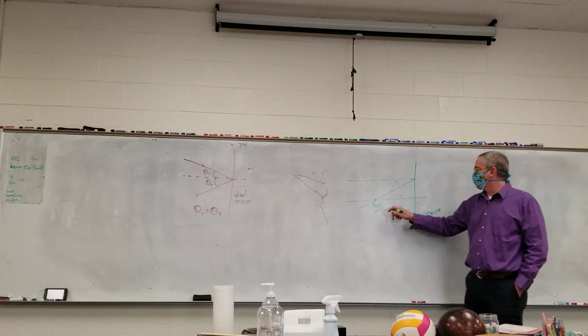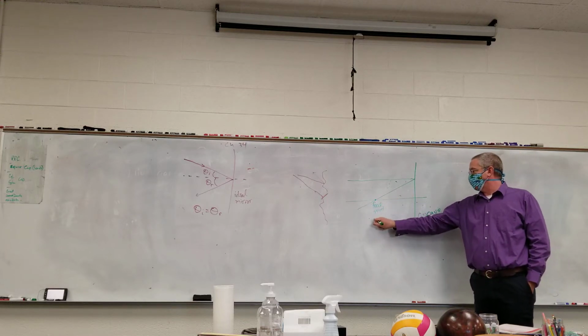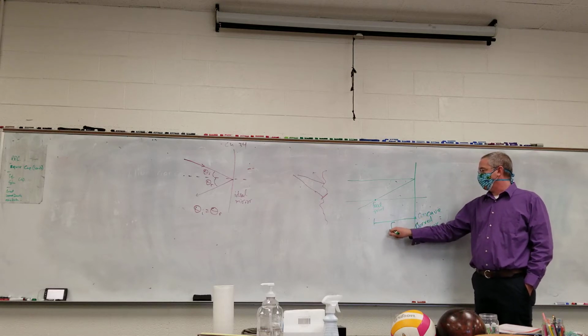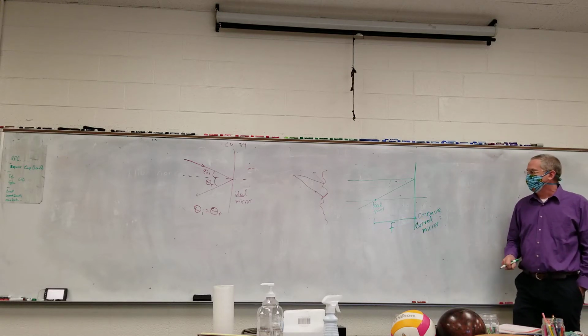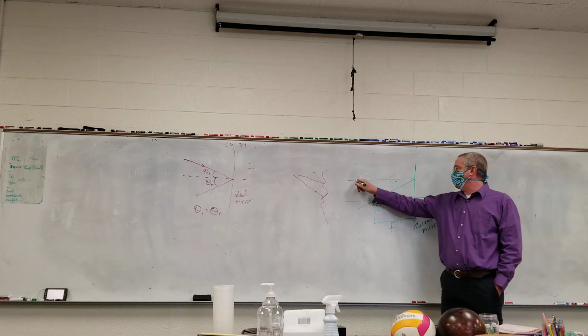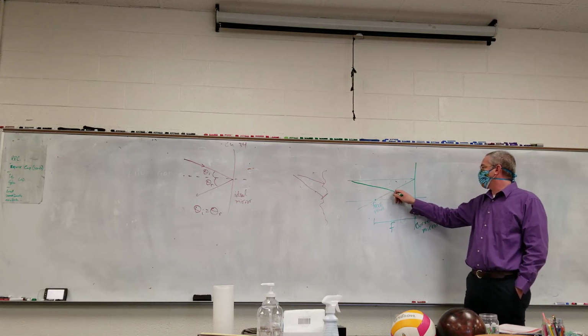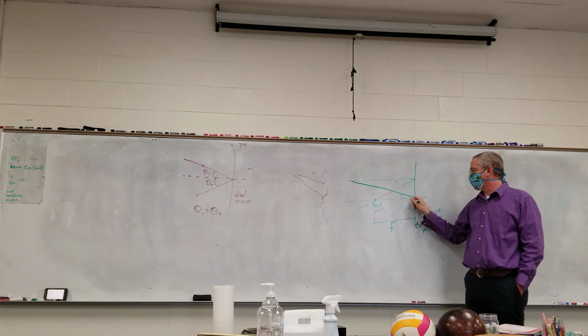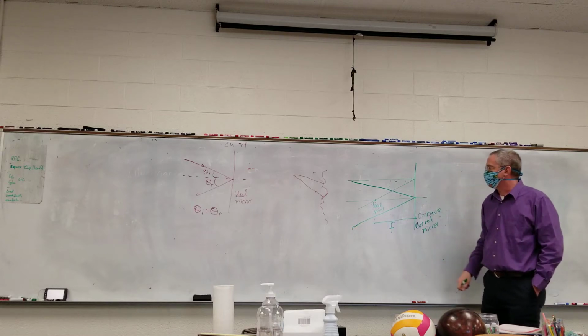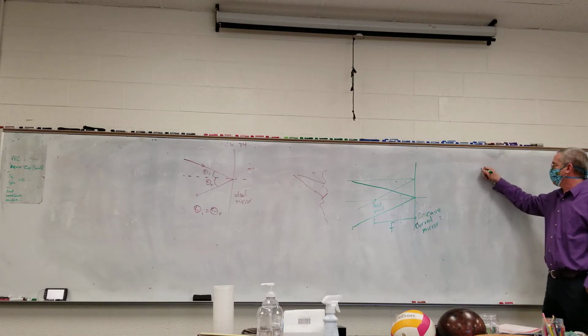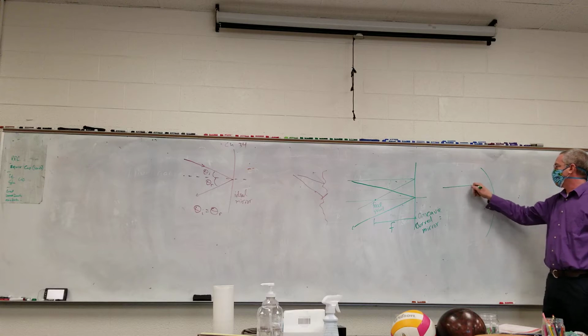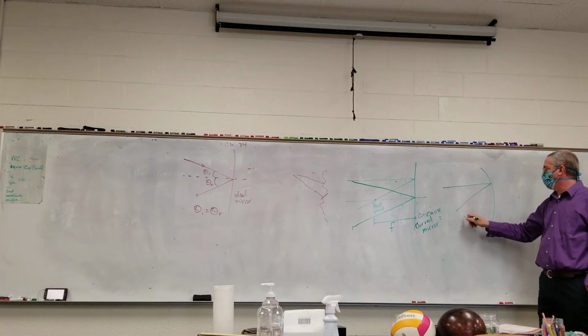Now, I'm going to label this distance here, from here to here, as F. I also know that light that comes in and hits the central point of the mirror is just going to bounce straight back out. So even if I drew it curved, light that comes in is going to go through the focal point.